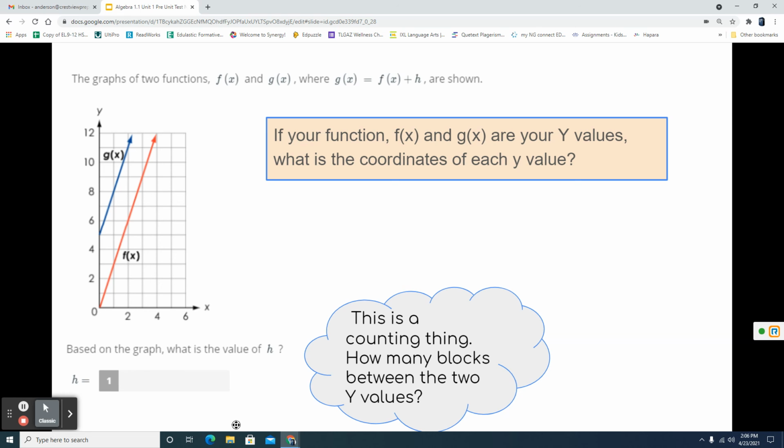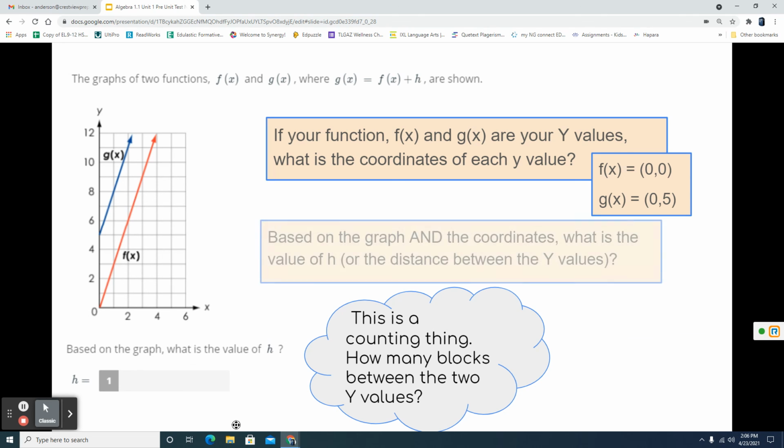If the functions f of x and g of x are your y values, what are the coordinates of each y value, meaning going from your top to bottom, up and down? Well, our f of x function is (0, 0), because it's right here in orange. It starts at 0.